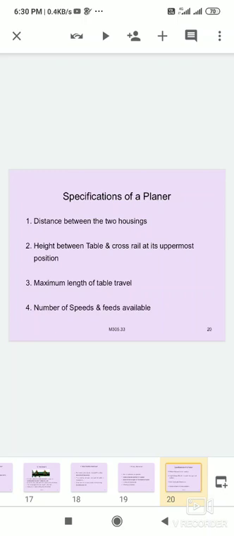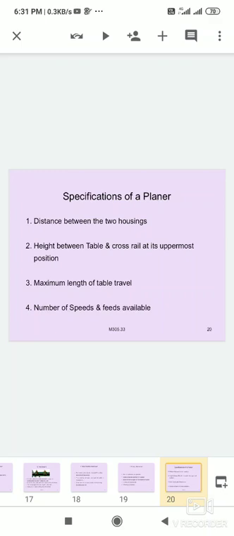Horizontal distance between the housings and vertical distance between cross rail and the table indicate the maximum width and height of the work that can be passed through the housing during the movements of the table.